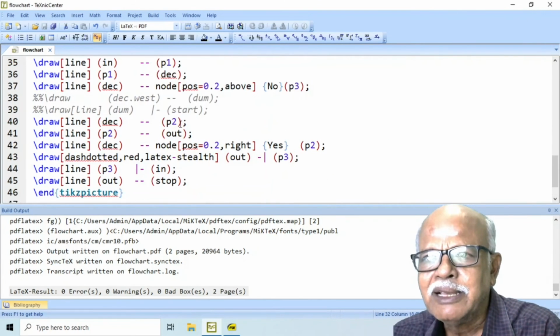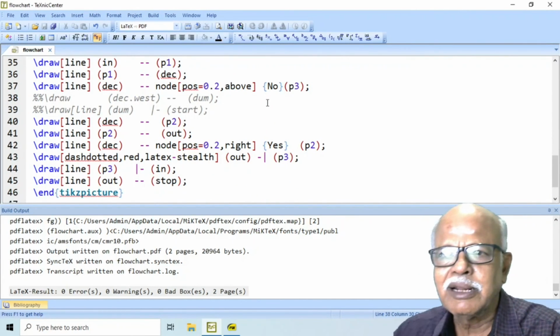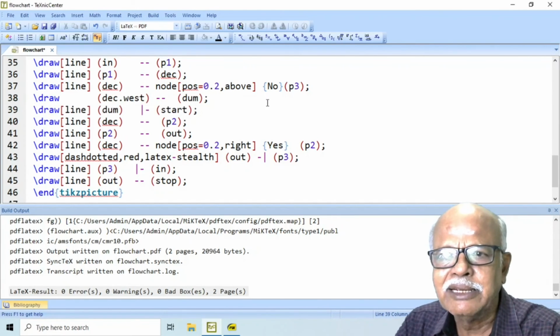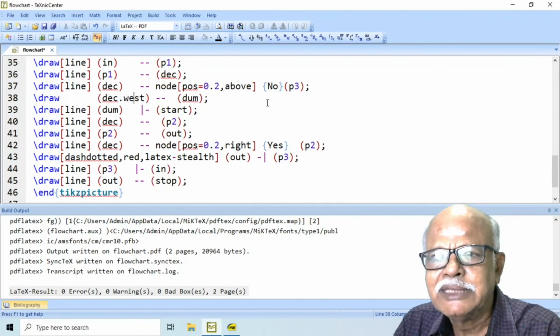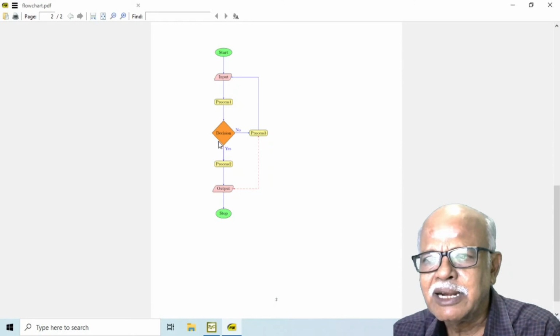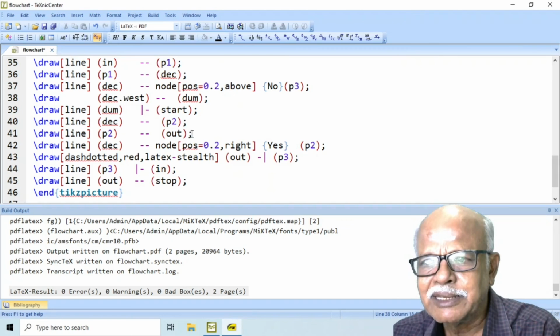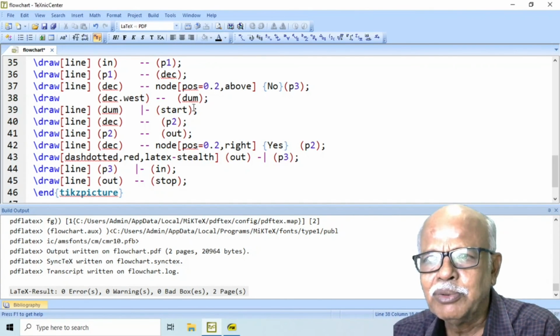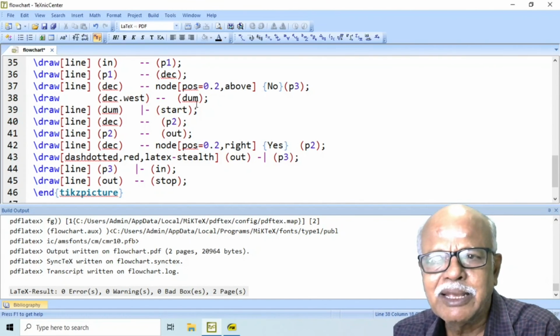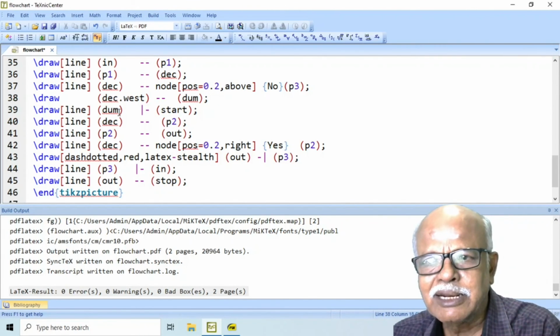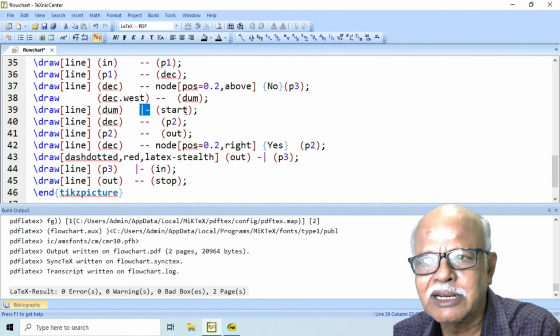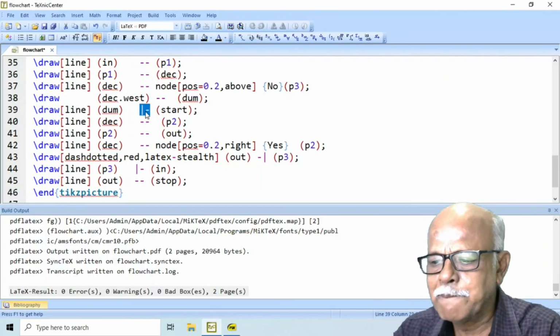Then let us now start drawing the line from decision on the western side going up to the dummy node, and another line starting from the dummy node, and this is a rectangular arrow, first vertical and then horizontal going to the start.